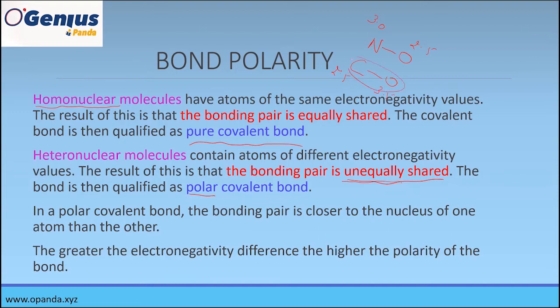So the carbon-oxygen bond is more polar than the nitrogen-oxygen bond, because the electronegativity difference here is 0.5 and here it is 1. So as the electronegativity difference increases, the polarity of the bond also increases.